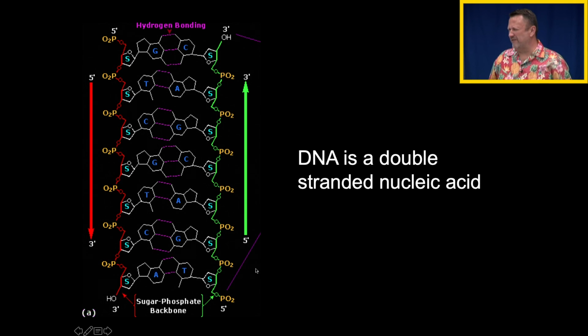The 3' and the 5' refer to the ribose sugar. The 3' is the hydroxyl end, and the phosphate is the 5' end. I don't expect you to memorize that. I just want you to know that they run in opposite directions, and that G only binds with C, and A only binds with T, or A only binds with U, depending on whether we're dealing with DNA or RNA.